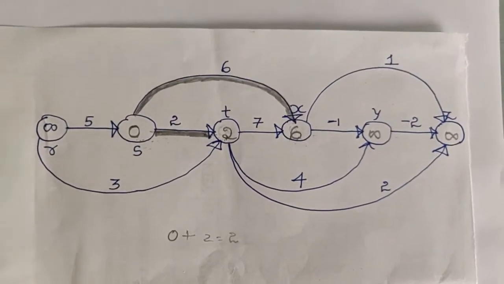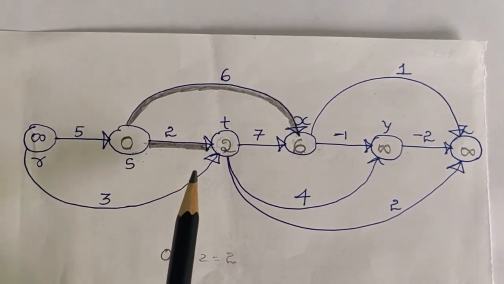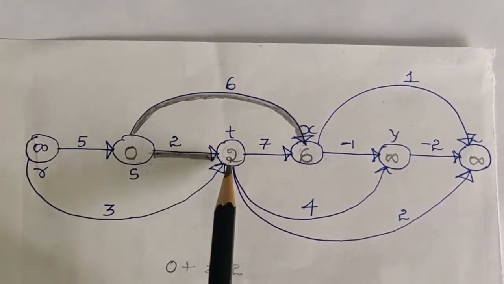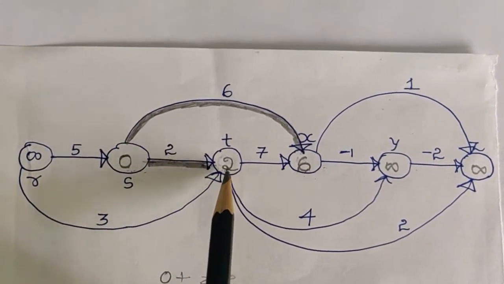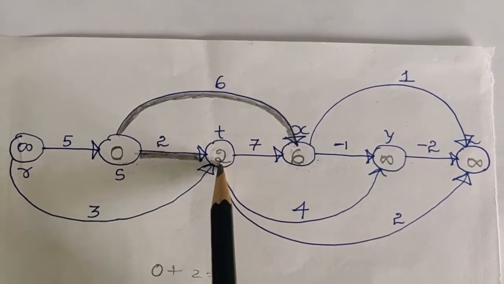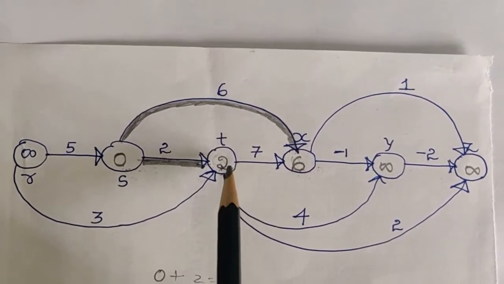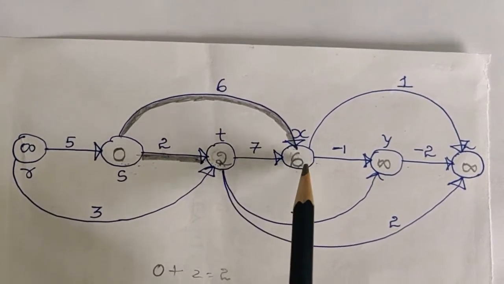Now in the third step, we have to find the next possible outgoing paths. We are already done with the source node. Now we are reaching the next node from the source, that is the T node. Now the pointer will be at the T node. From the T node we have to find the optimal solutions. That is, what are the possible outgoing arrows from T which are reaching the remaining nodes.